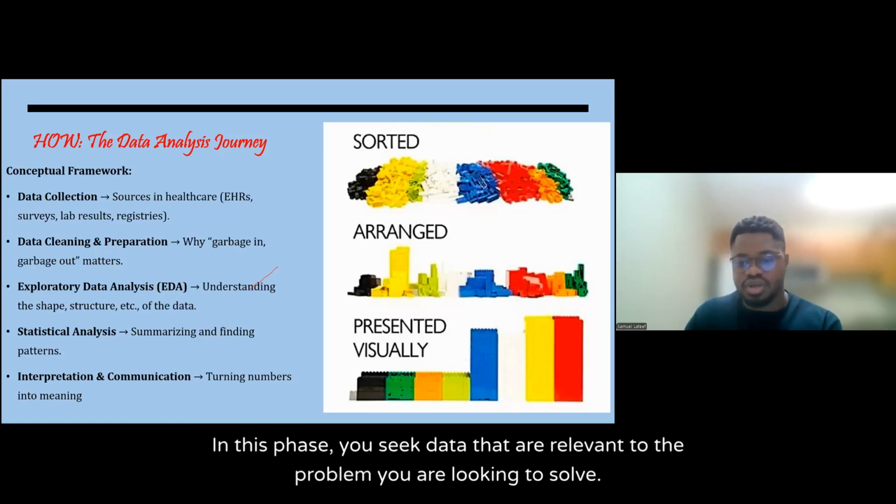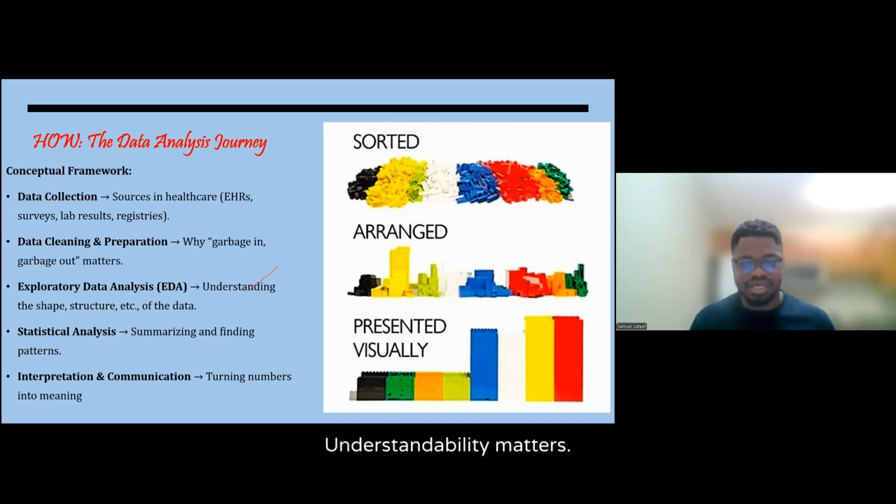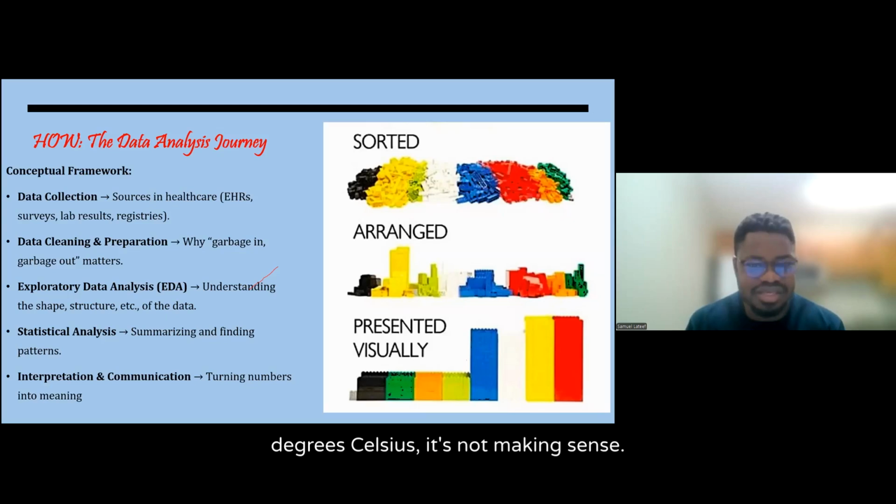In this phase, you seek data that are relevant to the problem you are looking to solve. You seek that the data you got is making sense. Plausibility matters. If you're getting health data and you're reading temperature and you are seeing 100 degrees Celsius, 300 degrees Celsius, it's not making sense.